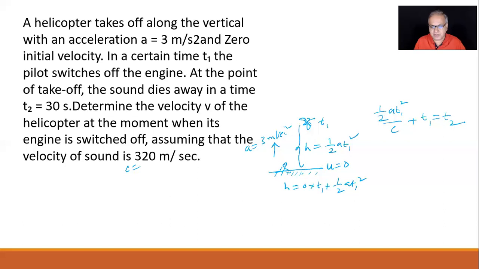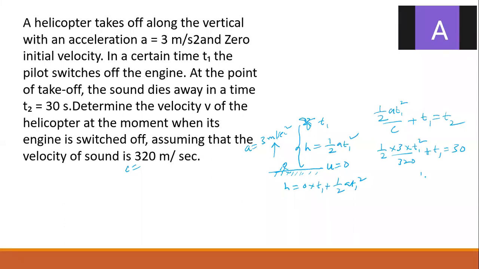So just one equation, but understanding is going to be important. Bhuvana, do you really follow? You know very well, t1 we don't know, a is there, that is half a t1 square by c is 320 plus t1, I don't know, but t2 is how much? 30.